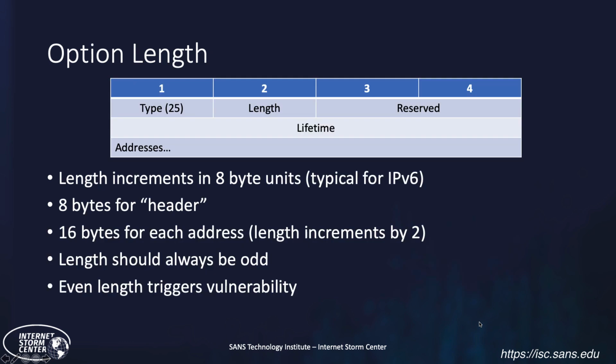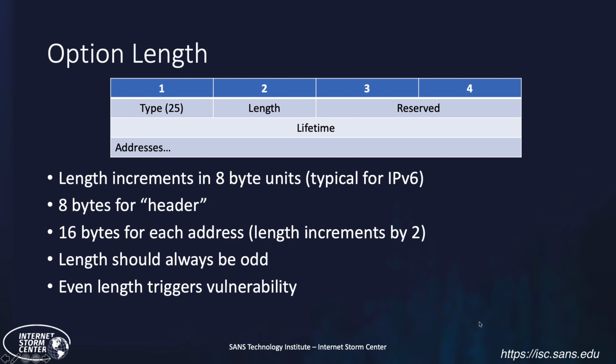So let's take a quick look at how the length works here. In IPv6, the length is typically in 8-byte units. Now, what's a little bit different here than in some other cases in IPv6, the first few fields that you have here, they're 8 bytes. Sometimes in IPv6, if it's just 8 bytes, the length is 0, and then for 16, it would be 1. Well, this is not the case here for this option. In this option, your minimum length is 1. This means you just have these header fields.